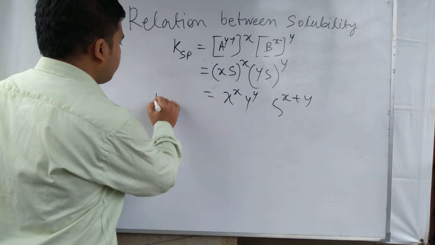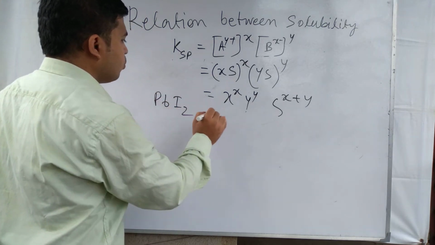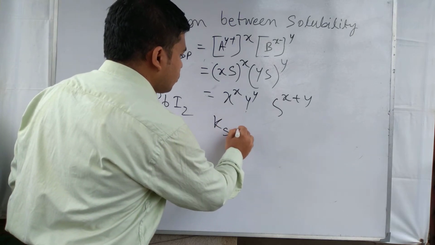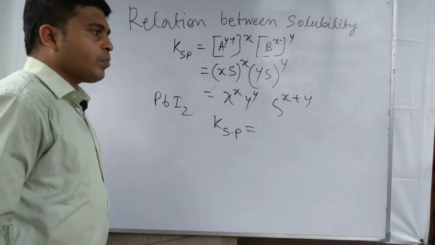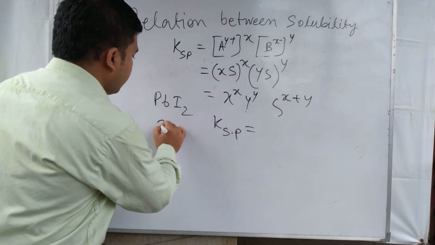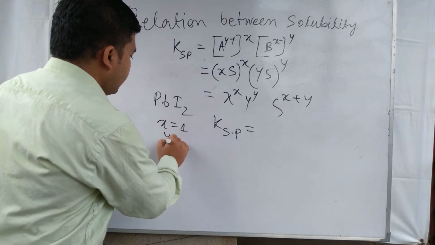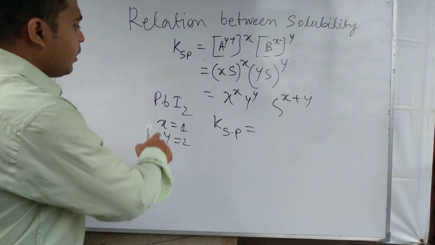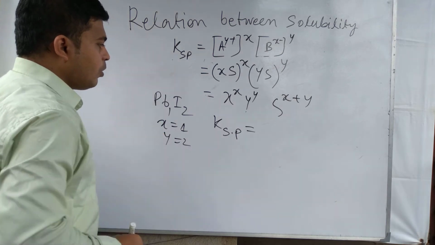For example, if we take PbI2, we have to find the solubility product expression. We can find it easily because here x equal to 1 and y equal to 2.